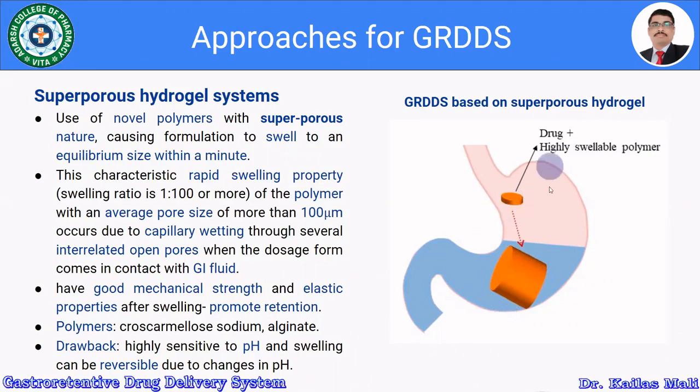Here the formulation contains the drug plus a highly swellable polymer. Within a fraction of a second, the formulation is going to swell in the stomach. This characteristic rapid swelling property, that is a swelling ratio of 1:100 or more, of a polymer with an average pore size of more than 100 micrometers, occurs due to capillary wetting through several integrated open pores when the dosage form comes in contact with the gastrointestinal fluid.